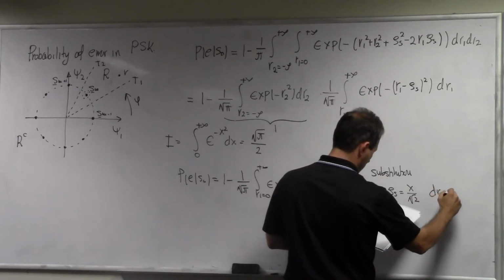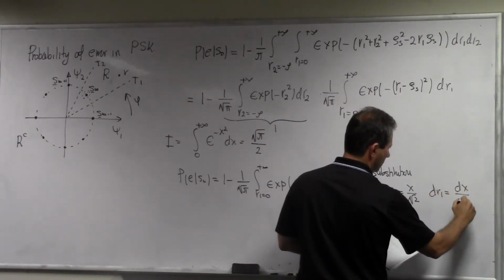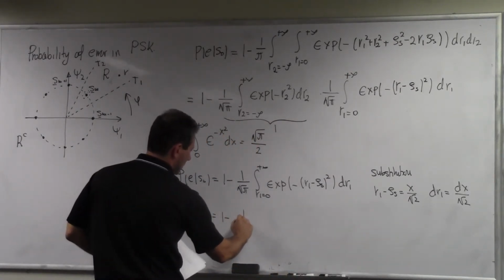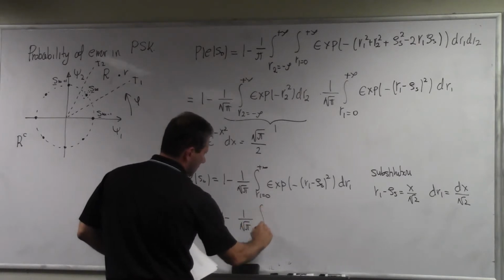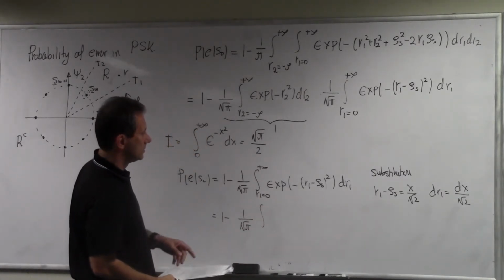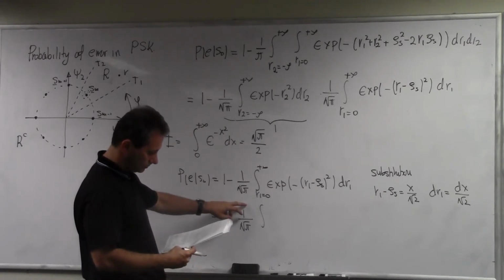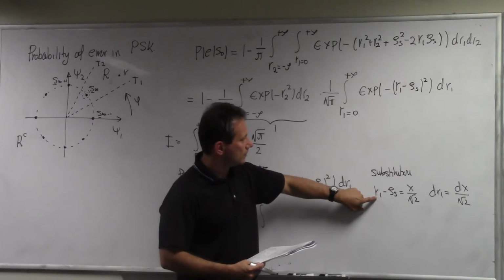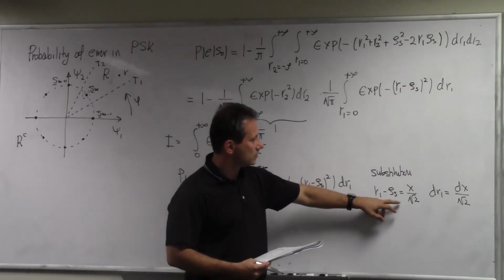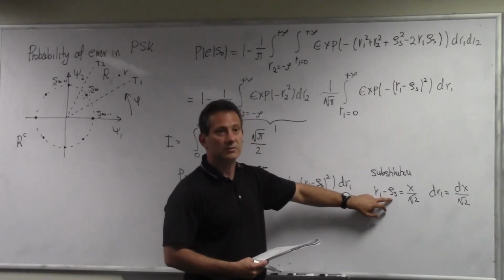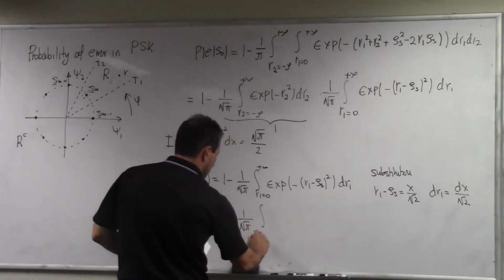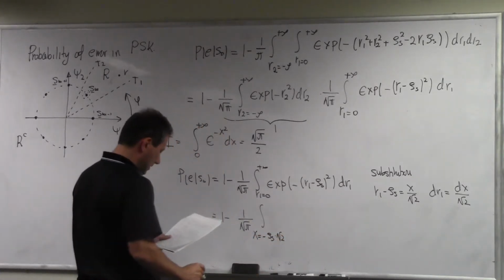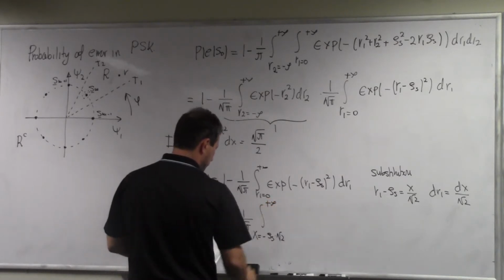Therefore, dR1 is dx over square root of 2. When R1 is equal to 0, where is x? x needs to be minus square root of 2 times rho s. So x goes from minus rho s times square root of 2, and when R1 is plus infinity, x is plus infinity.